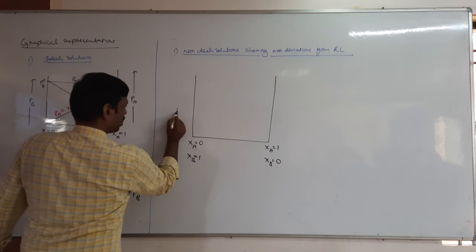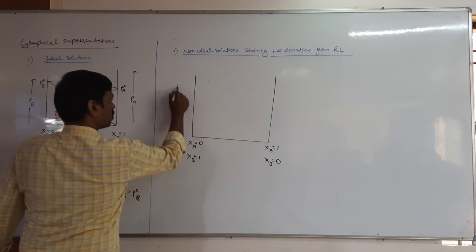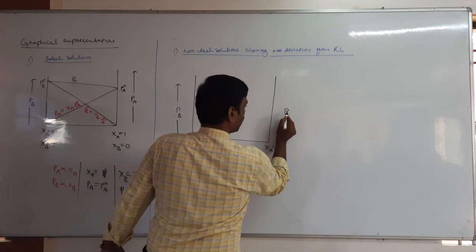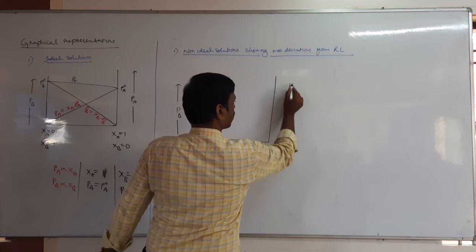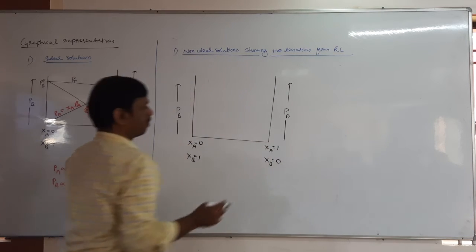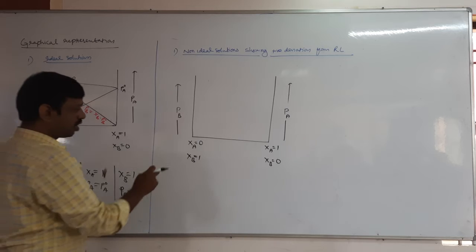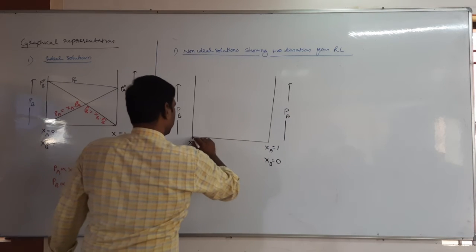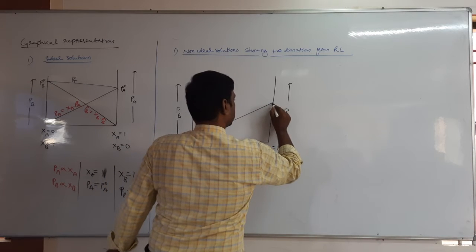On y axis, let us take partial vapor pressure of component B, here partial vapor pressure of component A. Next, similarly, XA is directly proportional to PA. Therefore, if it is ideal solution, you will get similar here.